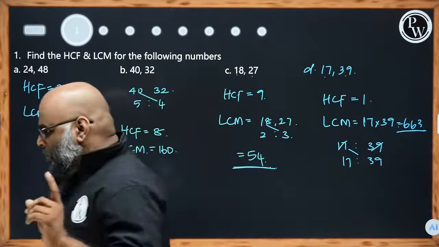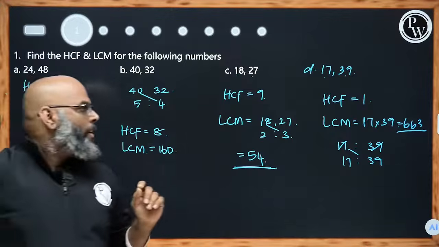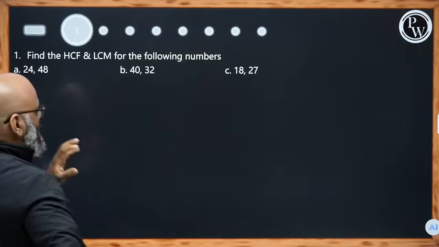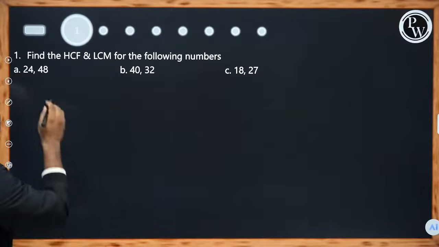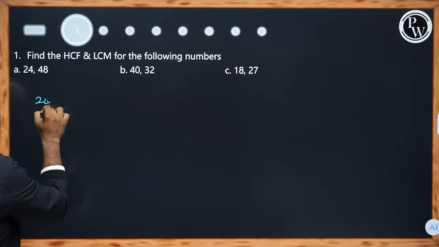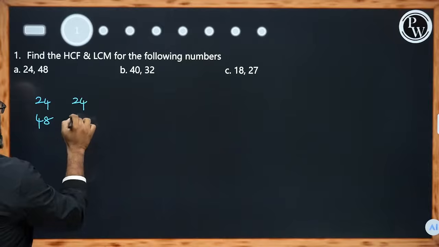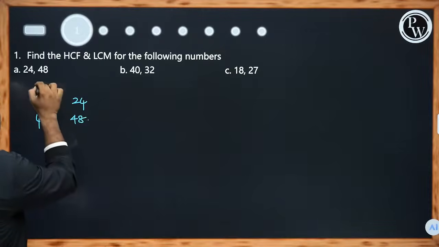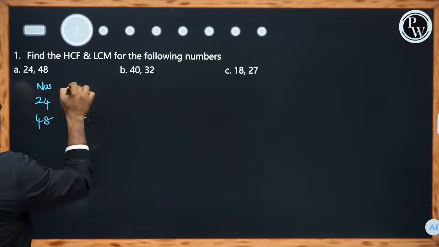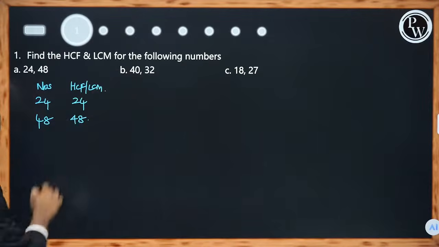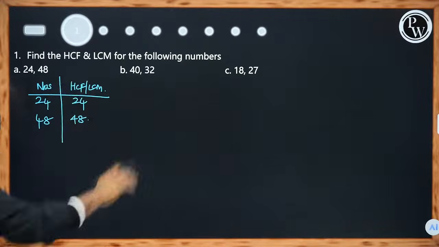Before I jump to the next part, I want you to look at all these numbers over here. I'll show you. 24 and 48. HCF is 24, LCM is 48. I want to write it in this format for all the numbers.